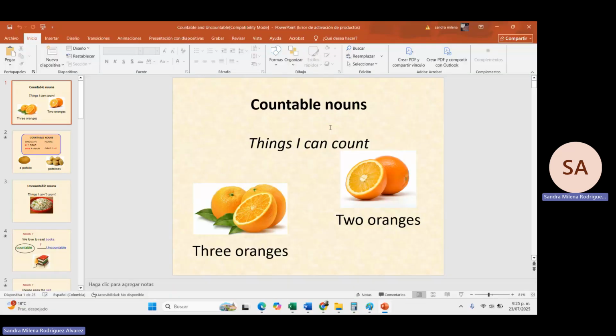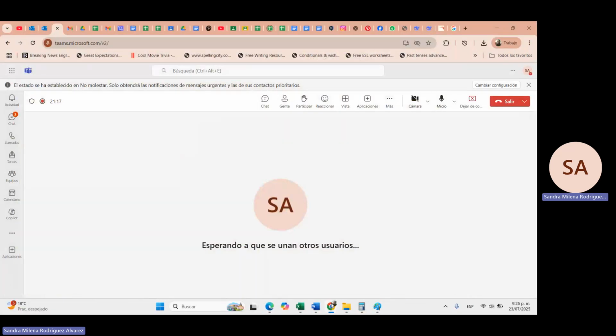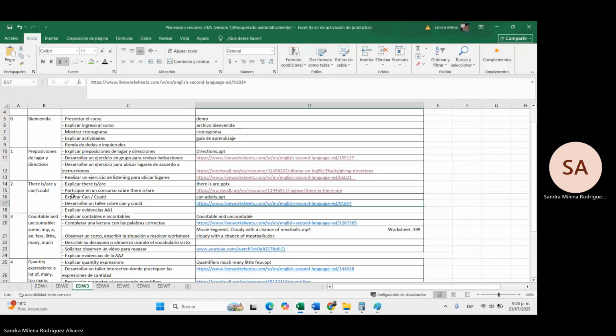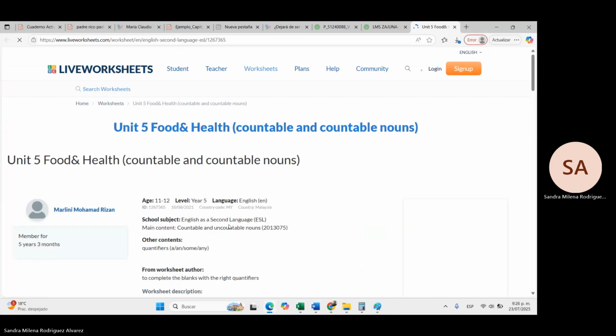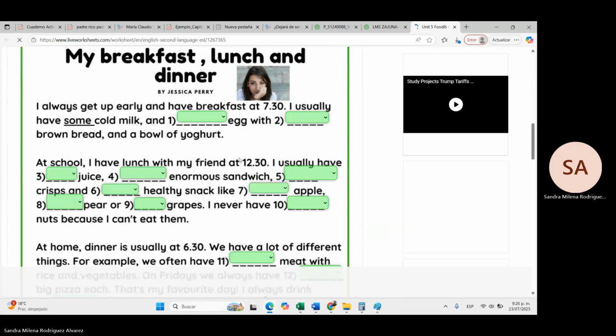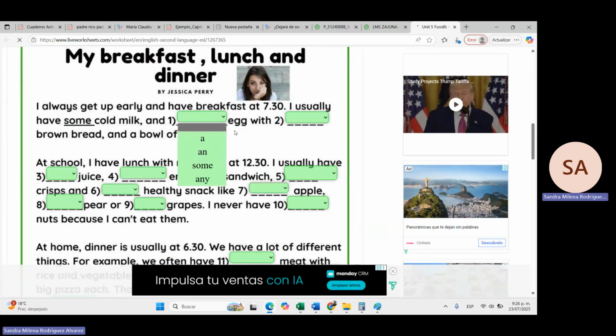Okay? So remember to study for the test and let's practice. Let's have some practice. So we can finish. Okay. Let's complete with the right quantifier.